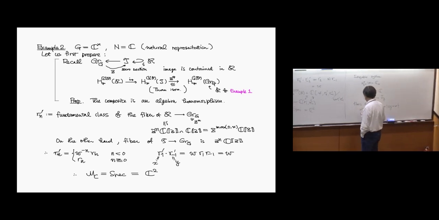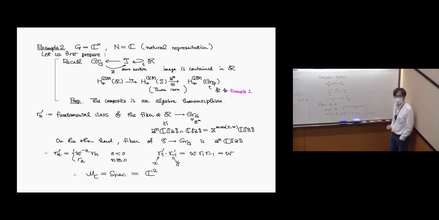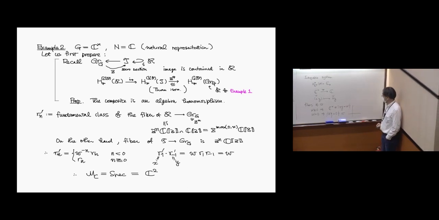And if W is equal to 0, then the fiber is XY equal to 0. So this is the union of two axes. So you have C2, and maybe I write it this way. This is C star if W is non-zero, and if you make W go to 0, then C star degenerates to the union of two axes. This is the integrable system.